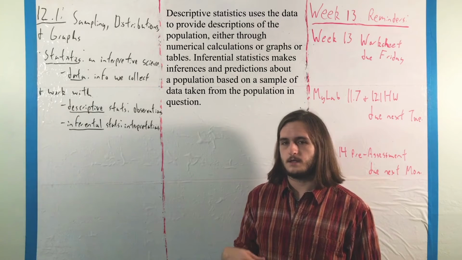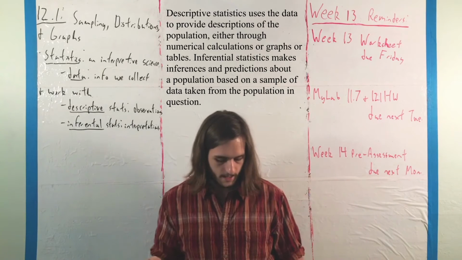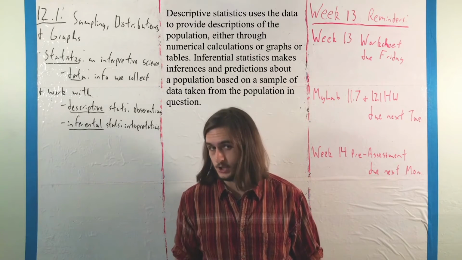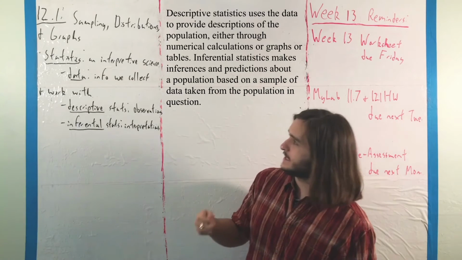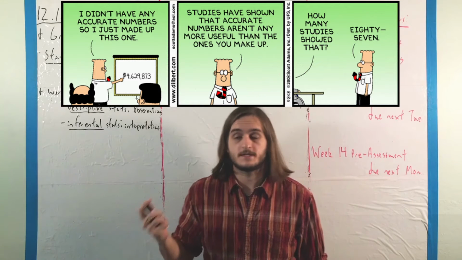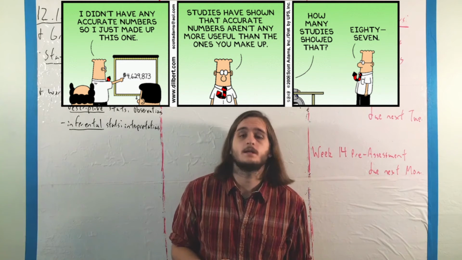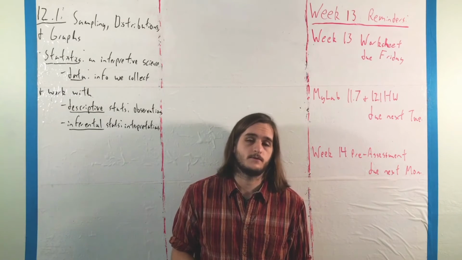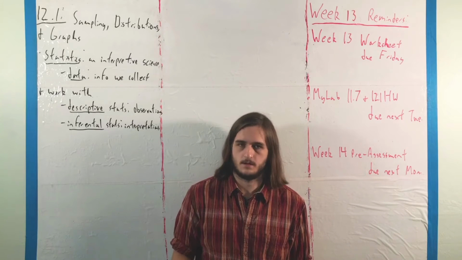Really, the big thing to hear when you're hearing that definition is that last word there, decisions. Because statistics is at its heart an interpretive science. It's not just about presenting information, it's about using that information to try and say something.